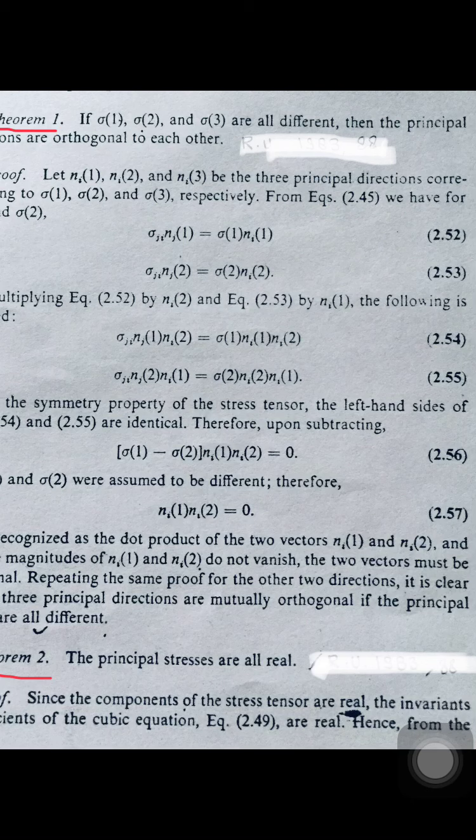What we know is there are three principal stresses because it is a cubic equation, and we have to prove all principal stresses are real. As we know, the stress tensor is real, so the invariants, the coefficients of the cubic equation, are real.